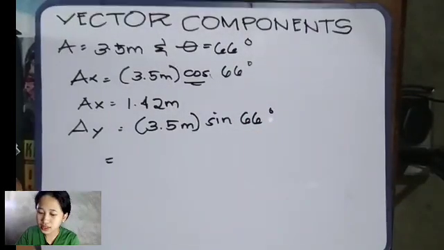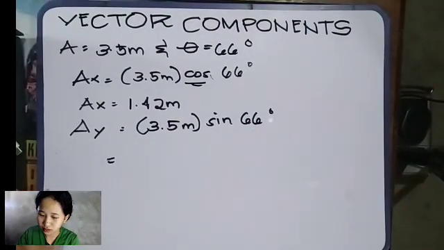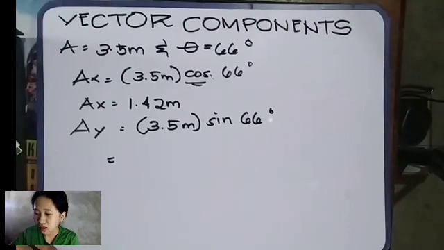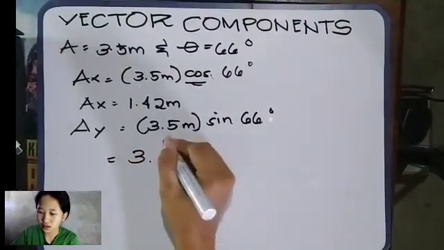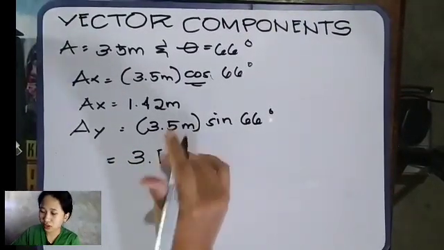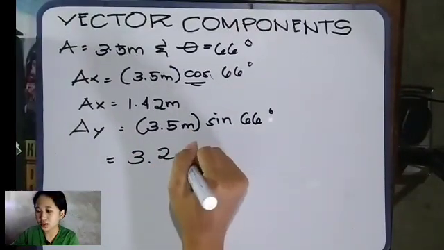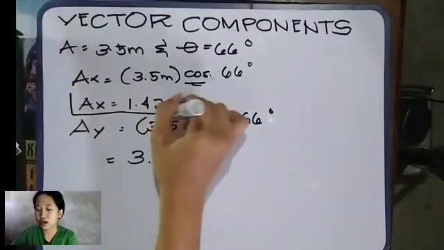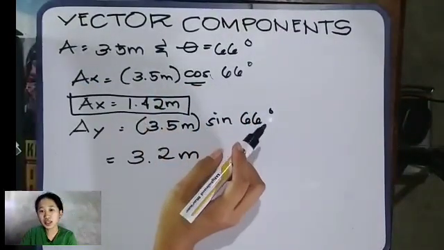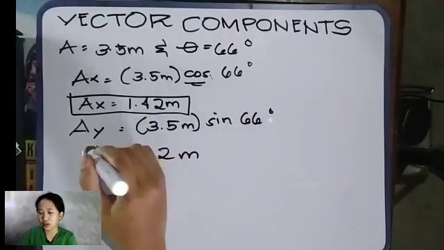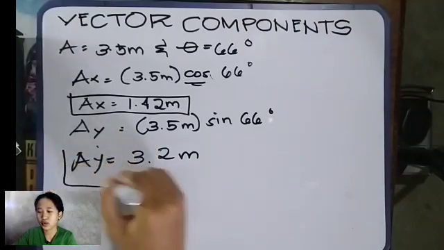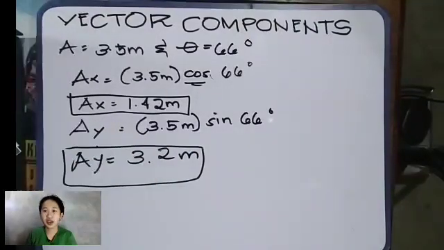So, ang sagot naman is 3.2. Round off, 3.2 meters. So, ito yung components natin sa magnitude and direction, that is the binigay.